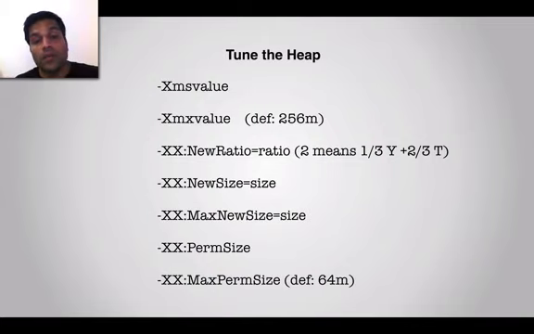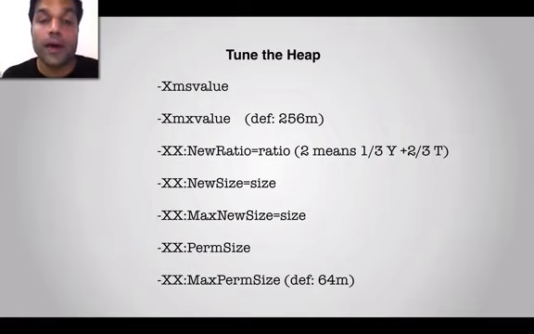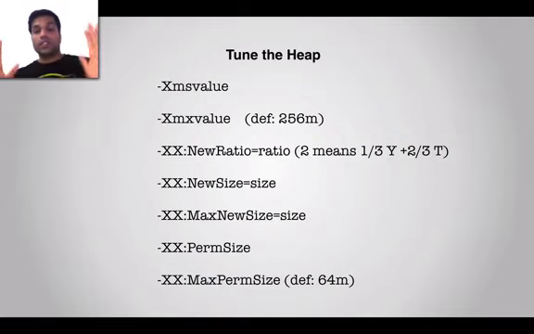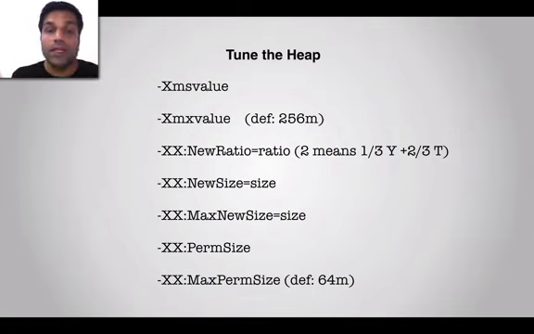But if your application is going to keep objects for a relatively longer time, you should keep the young generation bigger, so that the GC kicks in only after some time. By that time, maybe your object that has to stay alive for a long time would have become unreachable and might be subject to collection. So there are things like that you have to think about when you tune these parameters in terms of performance.